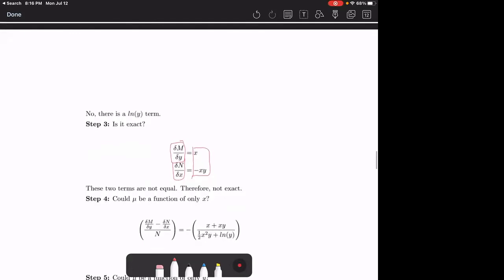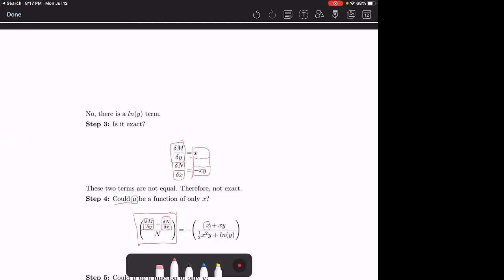Go to step 4. This is a new one for us. Could a potential integrating factor mu be a function of only x? Well, we look at this function that we just solved for, and we're going to plug in our known partial m partial y, which is just x. It's right here. And then we subtract our partial n partial x.